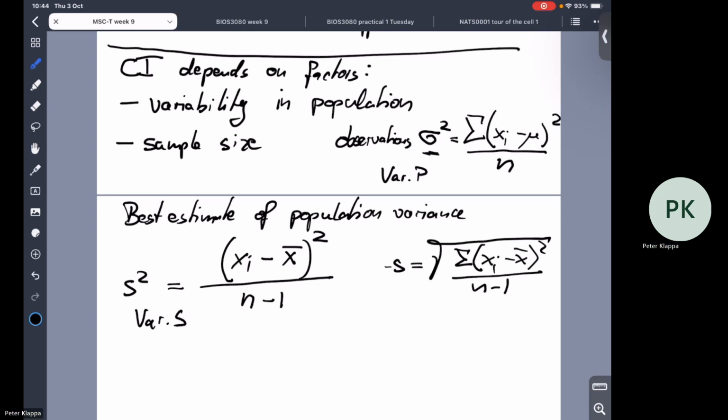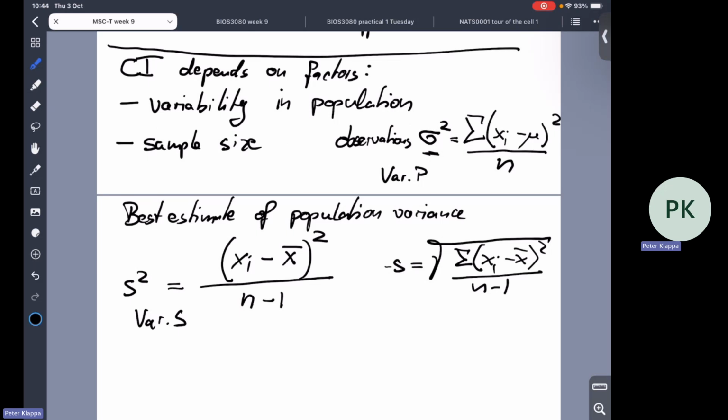Happy with that? So this is how we can estimate our variability in the population. If our sample is very varied, then the population is probably very diverse. If the sample is not very diverse, then probably the population is not very diverse. So it gives us a good estimate for the variability.